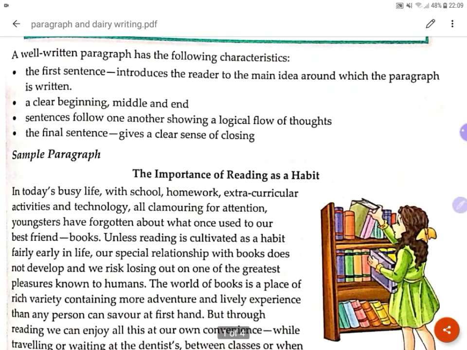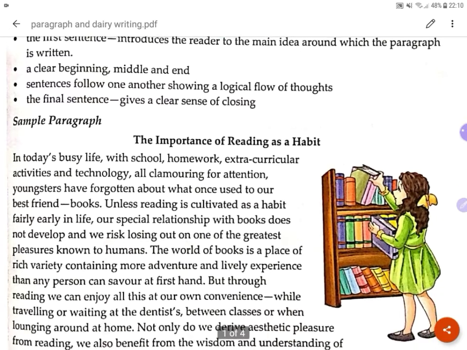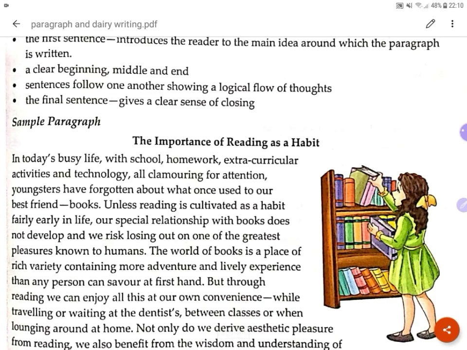Here we have the sample paragraph, the importance of reading as a habit. Now let us read. In today's busy life, with school, homework, extracurricular activities and technology, all clamoring for attention, youngsters have forgotten what once used to be our best friend, books.